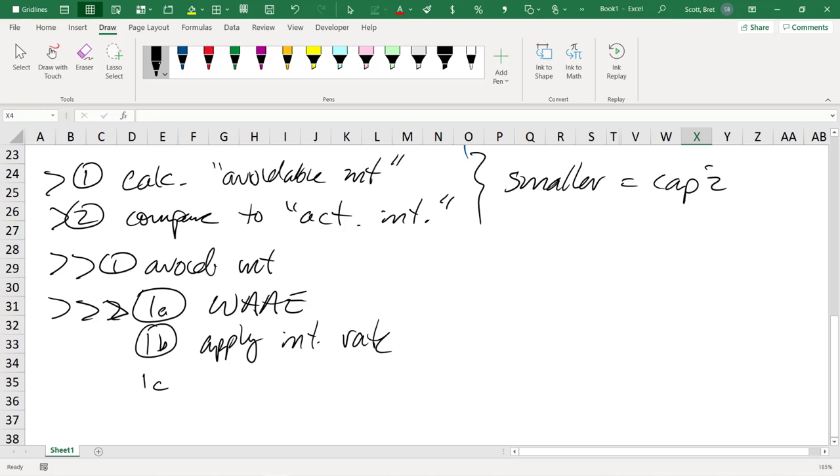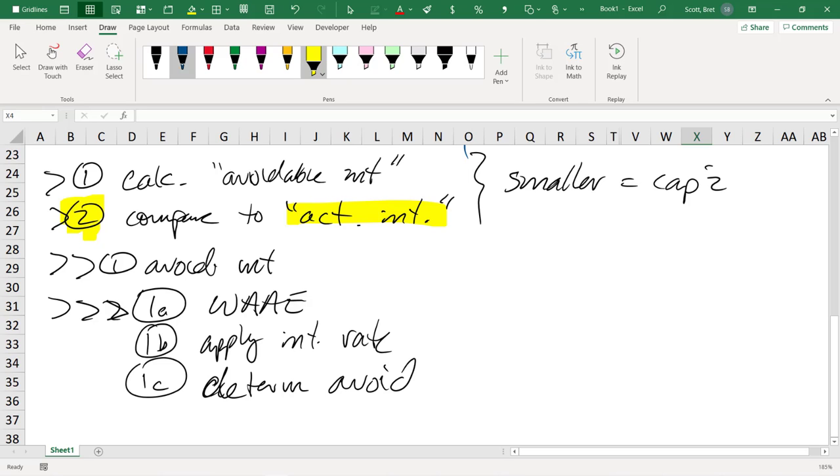And then in 1C, we determine the avoidable interest. That's the result of 1A times 1B equals 1C. That's the process. Then we compare 1C, up above, to the actual interest, and we choose the lesser.